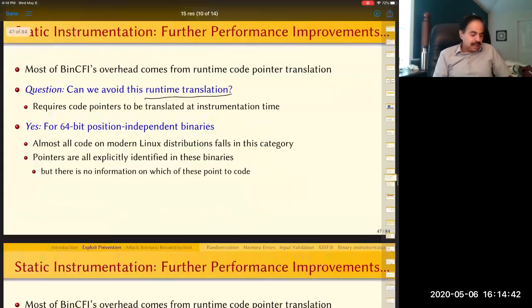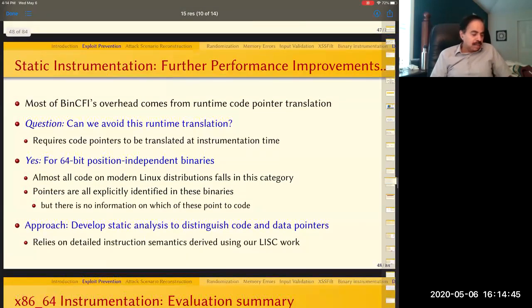So that's the most recent work. We showed that by using information that's already available in 64-bit binaries, together with some improved binary analysis techniques that we developed, we are able to get rid of this address translation step, which is a significant source of overhead and also of runtime complexity, and we avoided both.